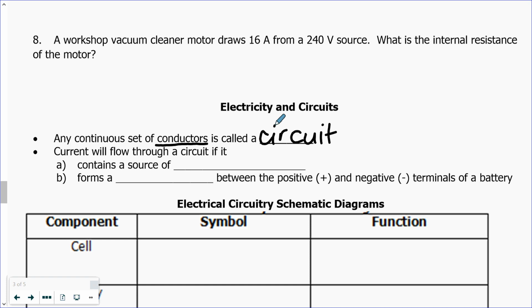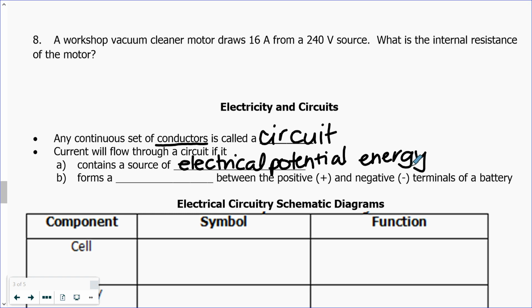So current will flow through a circuit if it contains a source of electrical potential energy. So hopefully you're thinking another word as I'm writing this. Thinking back to yesterday, electrical potential energy is related to voltage.